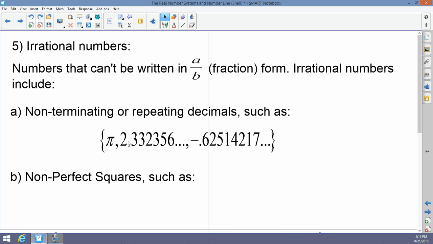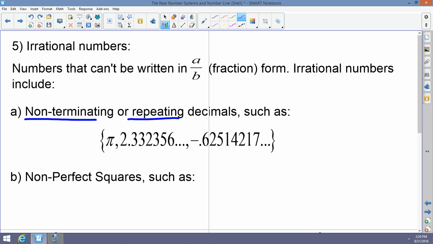Negative 0.6251417..., that means it keeps going on forever. It's not repeating, and it never ends. It doesn't terminate. Hence, non-terminating or non-repeating decimals are irrational numbers.